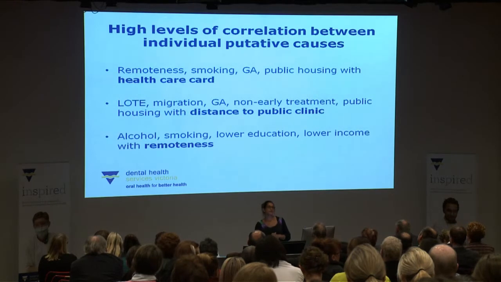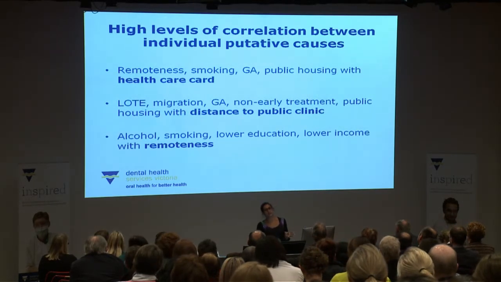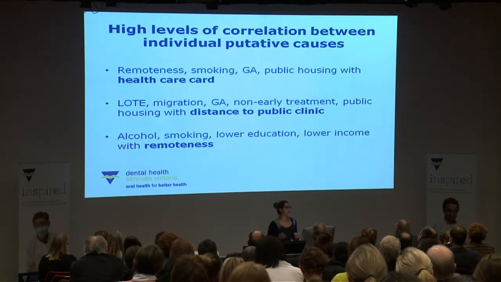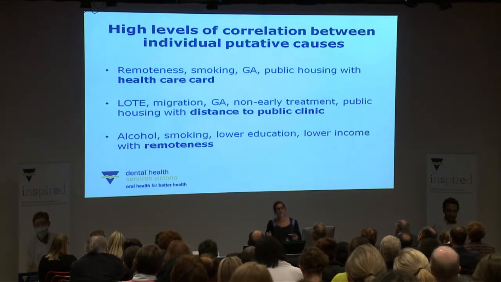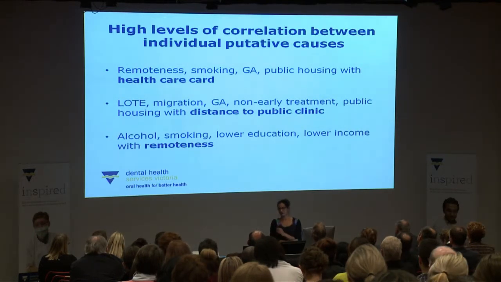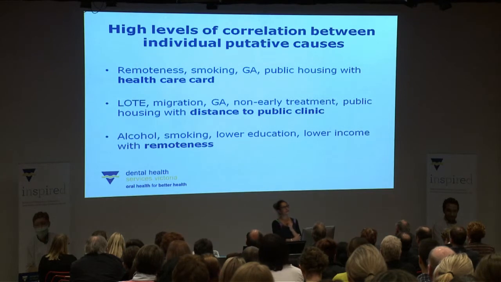We also went through a series of analyses. Lauren explained all the types of indicators that we put in, but it's important to know the relationships between those variables. So we did exploratory correlation analysis to look at how interrelated these causes are.